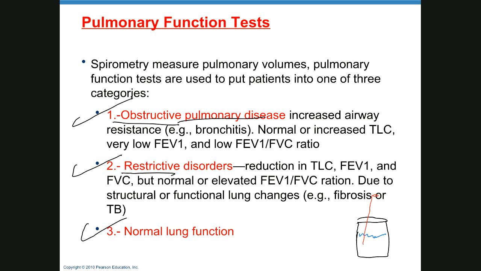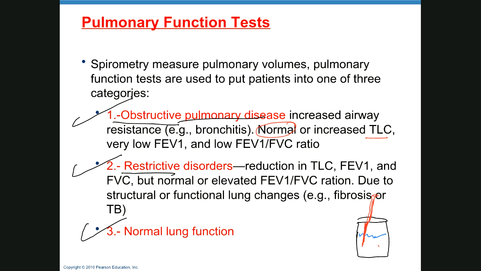There is something wrong with the straw. So the straw may be very thin, which is not going to allow for much air out. So notice that there is a normal TLC because there's nothing wrong with the glass of water.